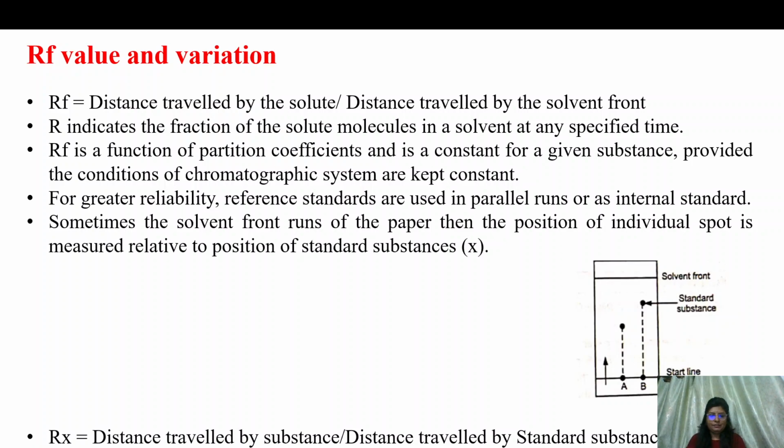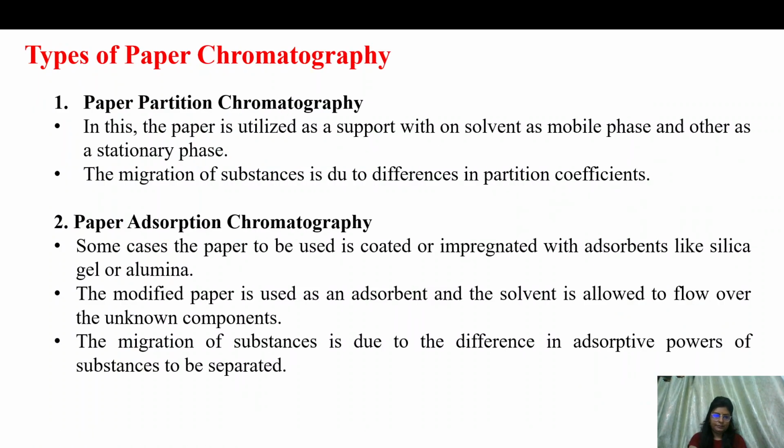Sometimes the solvent front runs off the paper, then the position of the individual spot is measured relative to the position of the standard substance, denoted by X. So the fraction can be defined as Rx equals the distance traveled by the substance upon the distance traveled by the standard substance.